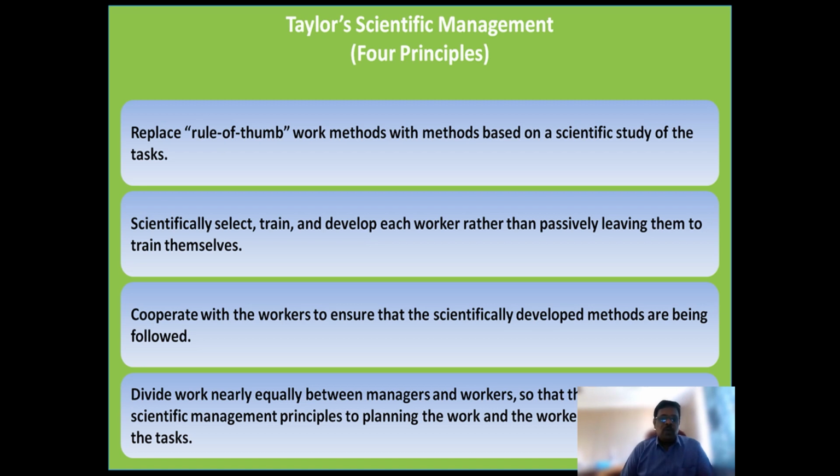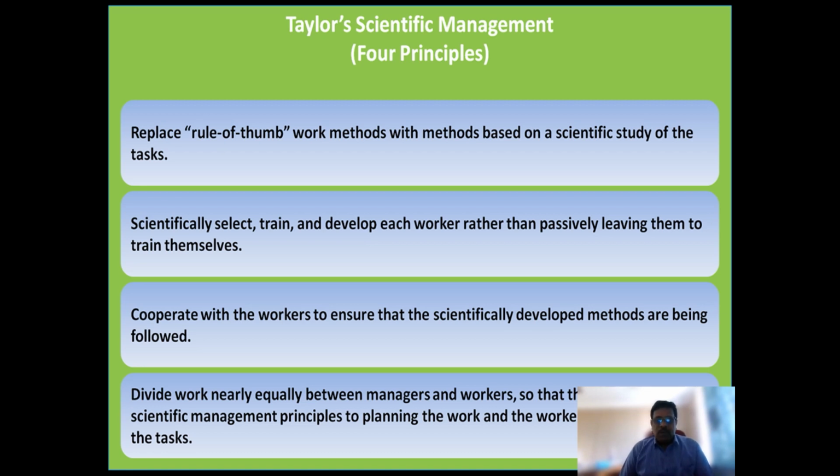One is that rule of thumb was replaced by work methods. Taylor believed that even a small activity like loading pig iron sheets into boxcars can be planned scientifically.